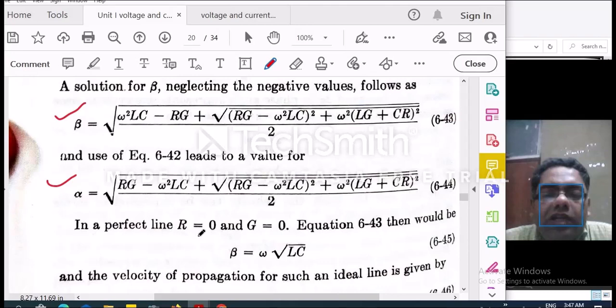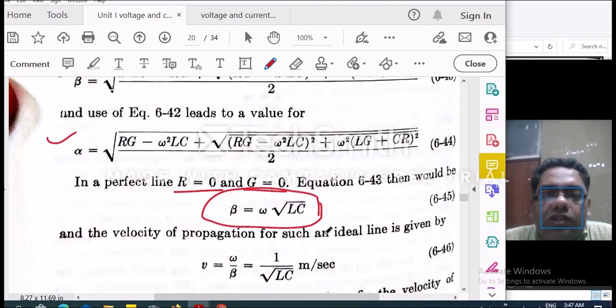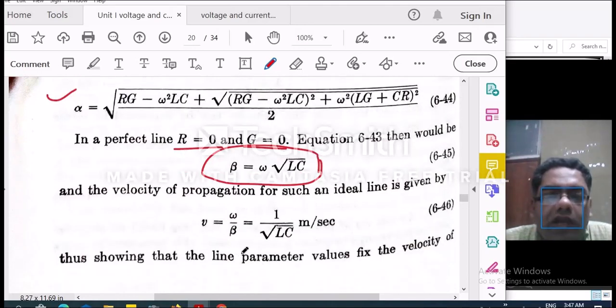They are a little big, but you have to keep them in mind. Now if I consider the line to be perfect, that means lossless, when r is 0 and g is 0, it reduces to such a simple form, beta equal to omega root lc. And the velocity, we know, is omega by beta, so we get this.